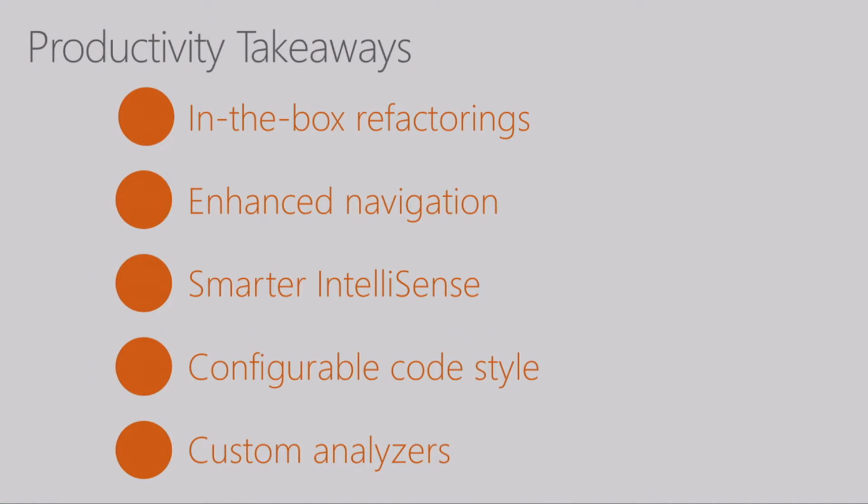So I showed you a lot. The things to take away: we have in-the-box refactorings, and improved navigation, with go to implementation, the new go-to design, and redesigned find references. We have smarter IntelliSense, now with filtering. We have configurable and shareable code style coming in Visual Studio Next, RTM. And you can create custom analyzers.